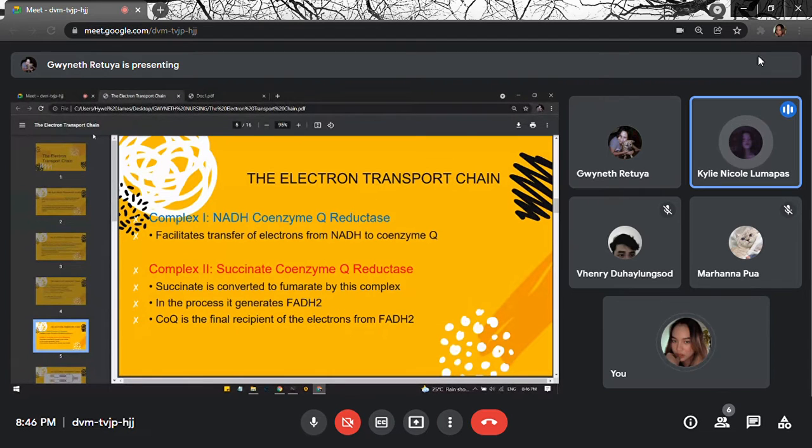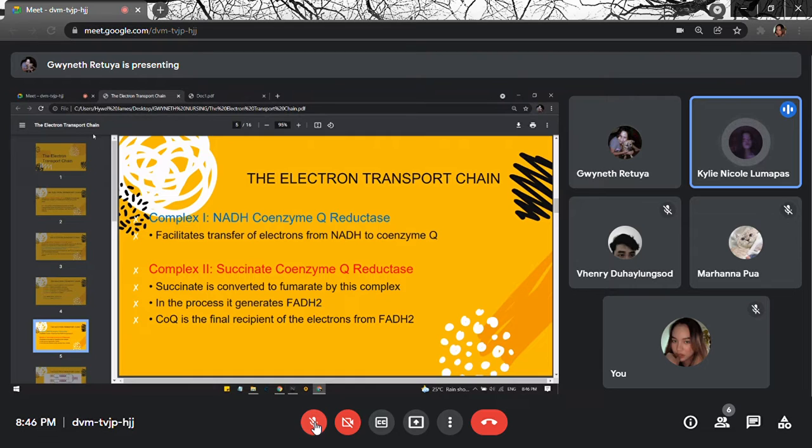So, in complex 1, as stated earlier, it is also known as NADH ubiquinone oxidoreductase. It is made up of NADH dehydrogenase, flavin mononucleotide or FMN, and 8 iron sulfur clusters. NADH dehydrogenase here is an enzyme, a substance that acts as a catalyst in living organisms that converts nicotinamide adenine dinucleotide or NAD.